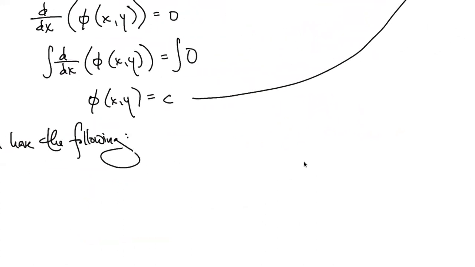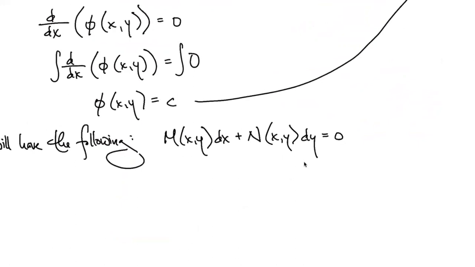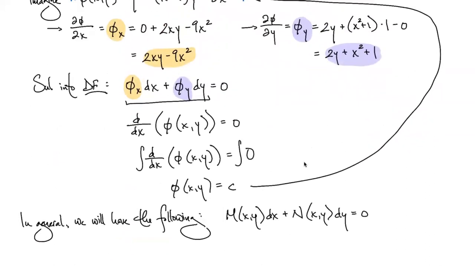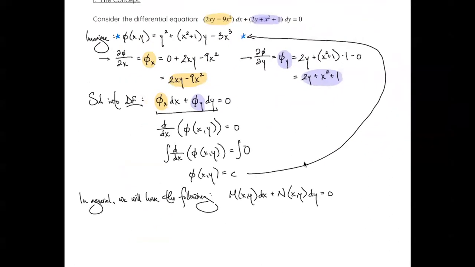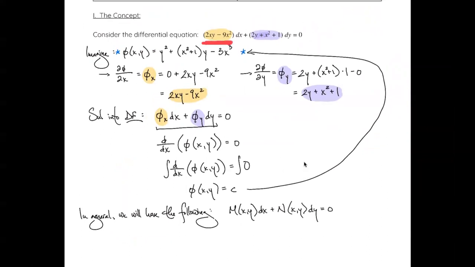We're going to have some function of x and y times dx plus a different function of xy times dy equals 0. And if we zoom back out for a moment, we'll notice that that matches the structure we have over here in our example. And in particular, M of xy is the yellow one, and N of xy is the purple one.